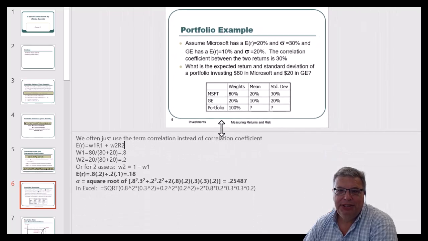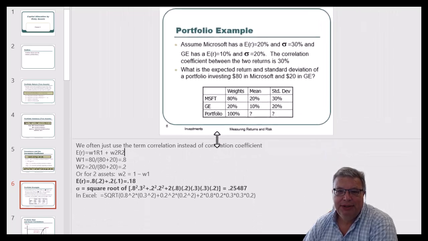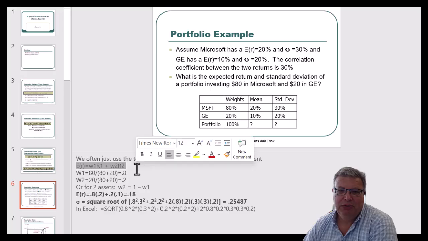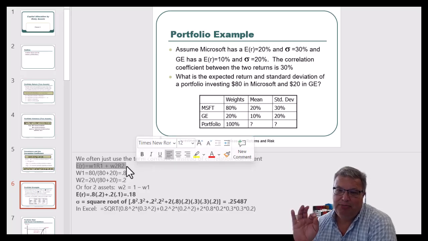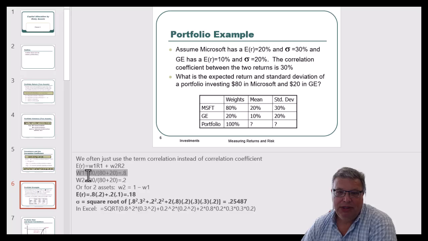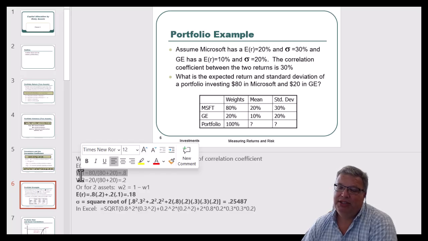Okay, what I'm going to do here is pull up the solutions. And so this right here is the equation we're going to use, right? That's for portfolio return when you have two assets. And we know that W1 is 80% because we invested $80 in Microsoft out of a total in our portfolio of $100.